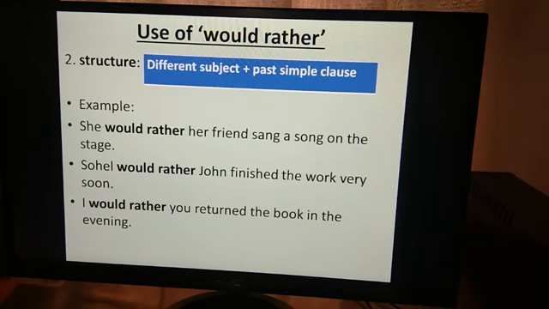I would rather you, I one subject, you another subject. Return the book in the evening. That is, return is past simple clause.